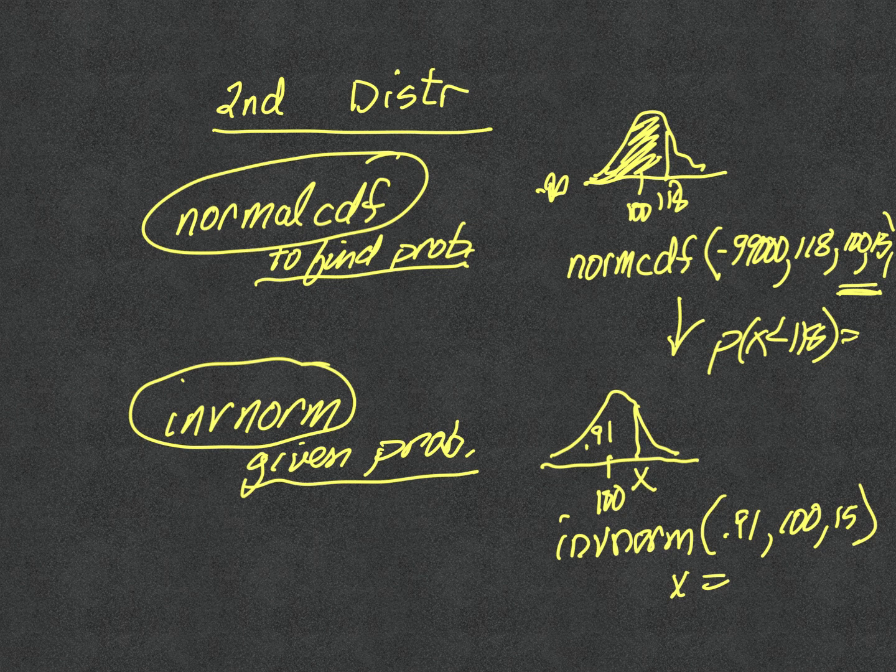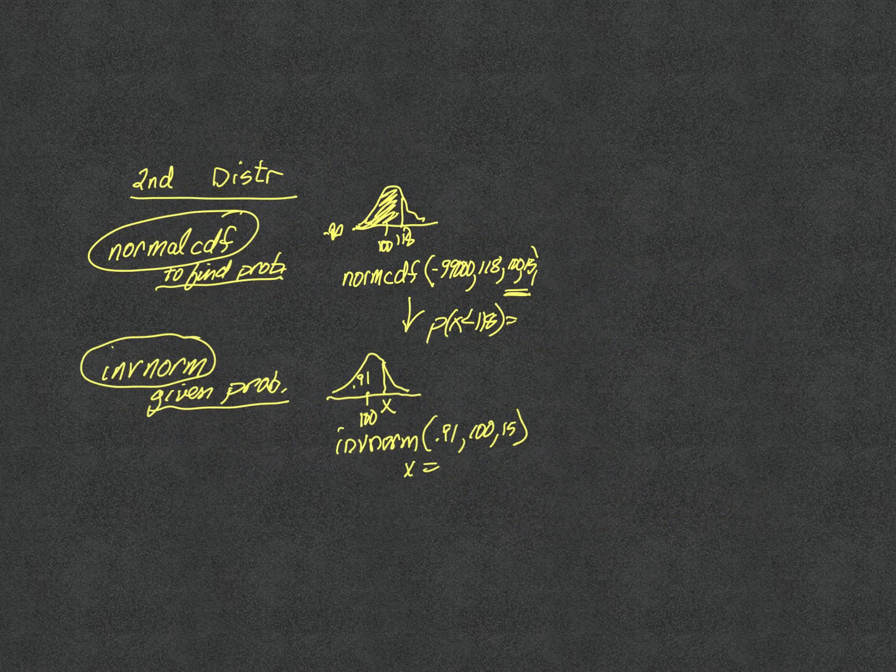Now, if you're going to use a calculator, you still have to think about it, say if I have a value to the right. Say I had the 118 here, and I wanted to find the probability to the right. Then remember to do that, I take 1 minus the probability to the left of 118, okay?